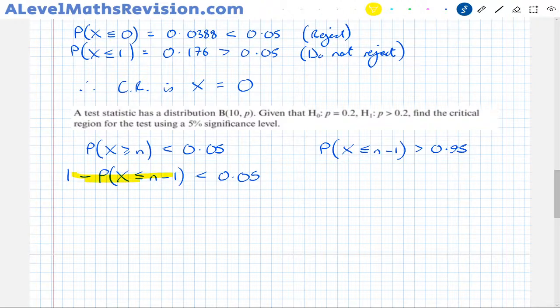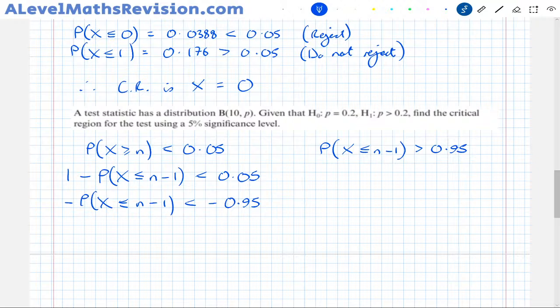So that there is identical to that. I'm going to take 1 from both sides now to give minus probability x is less than or equal to n minus 1 is less than, and take 1 from that, we get minus 0.95.